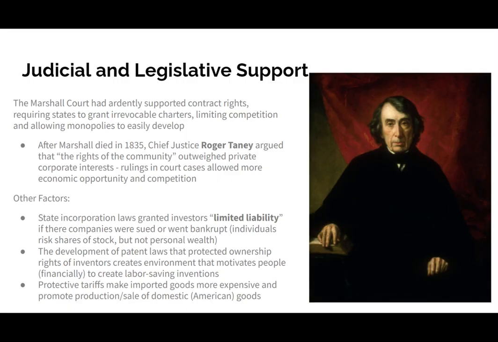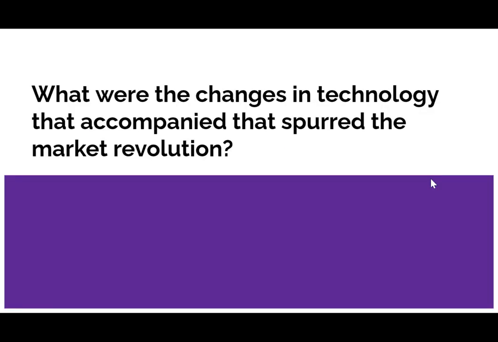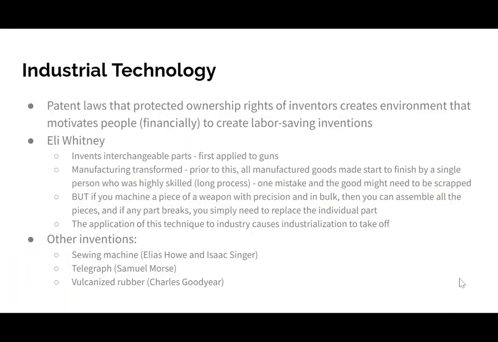A series of protective tariffs passed in the 1810s, 20s, and 30s are going to make imported goods much more expensive, and they're going to promote the production and sale of domestic or American goods. These are all going to really create the sort of perfect storm that allows for a lot of these economic changes to occur. So what were the actual changes in technology that spurred the market revolution?